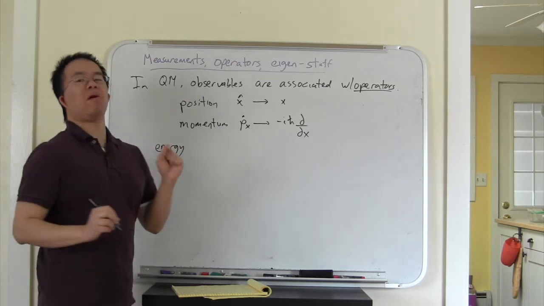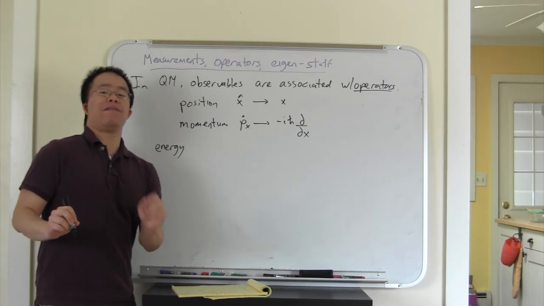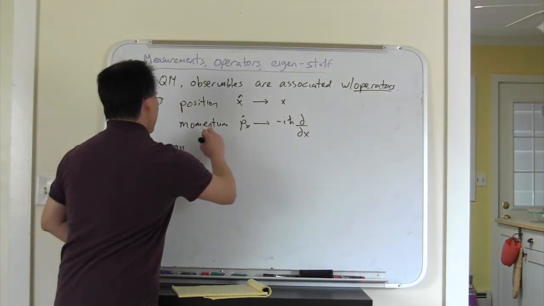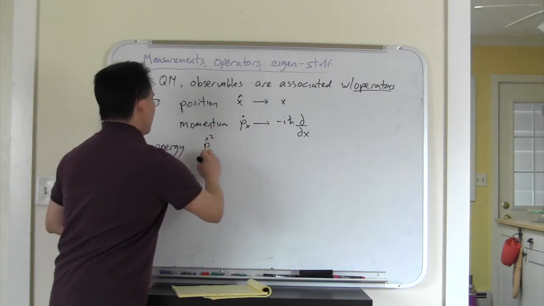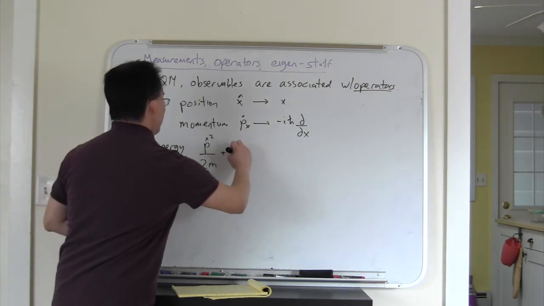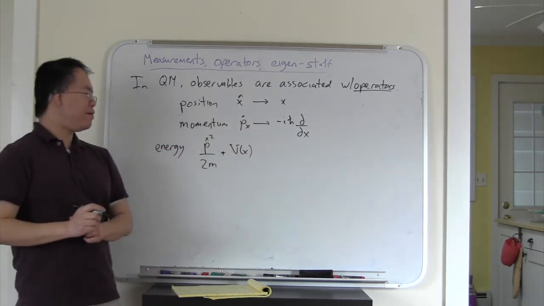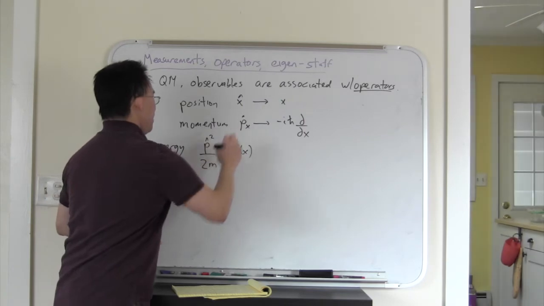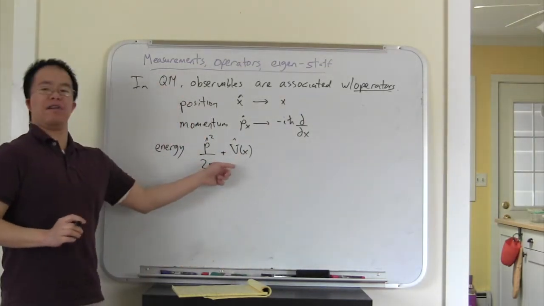And here we mean the total energy of the system, which is the sum of kinetic energy and potential energy. The kinetic energy takes the form p squared over 2m, momentum squared over 2m, plus whatever our potential energy is, V of x, right? And so I should really think of this as an operator, my potential energy.